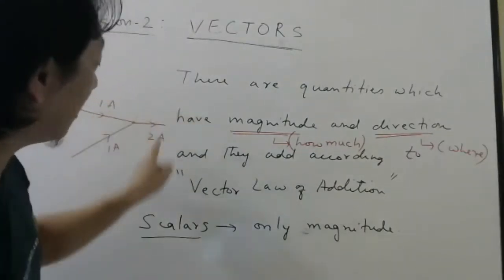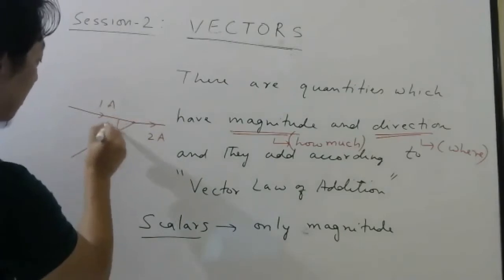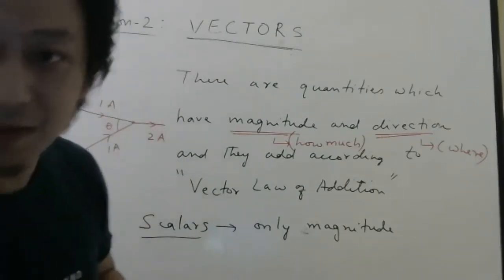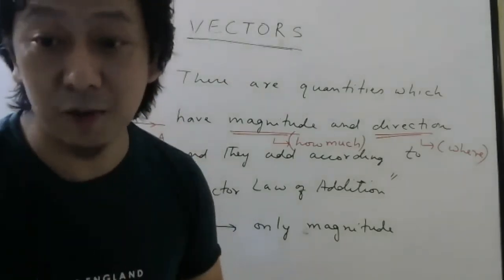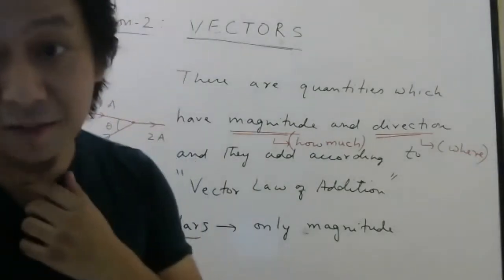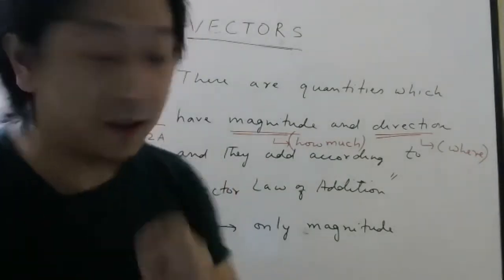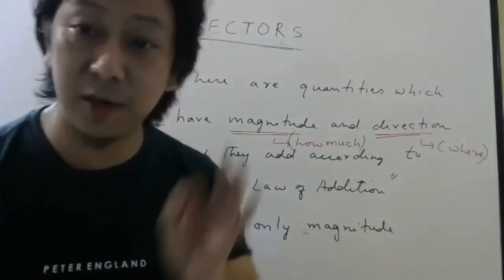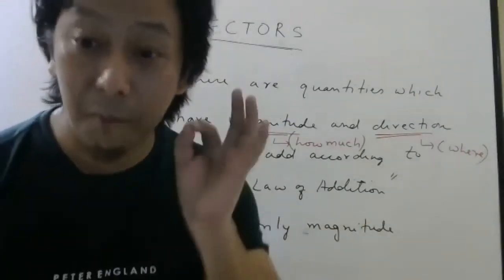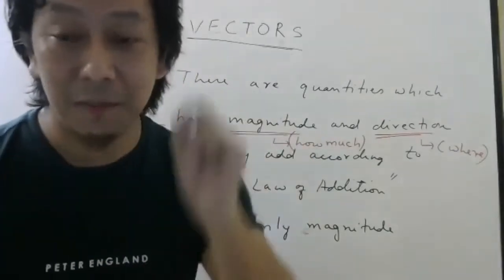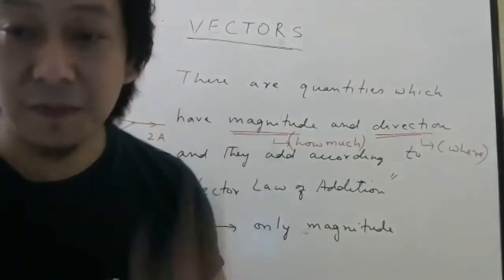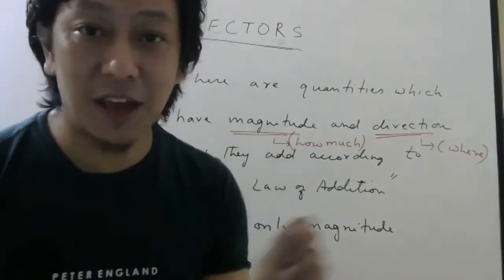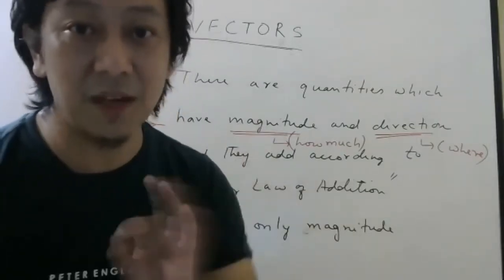Total current here will be 2 ampere. And even if you change this angle, it doesn't matter. Okay, so current may have magnitude, current may have direction, but it does not obey vector addition law. Displacement is vector. Displacement obeys vector addition law. Magnetic field is also vector. But current is a quantity. Write down. Current is a quantity which has magnitude and direction, but it is not a vector.